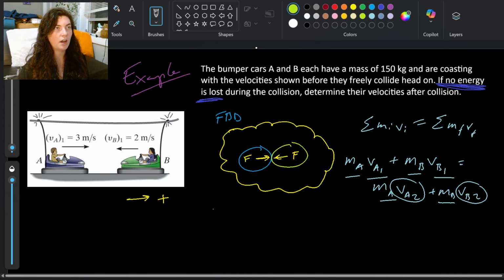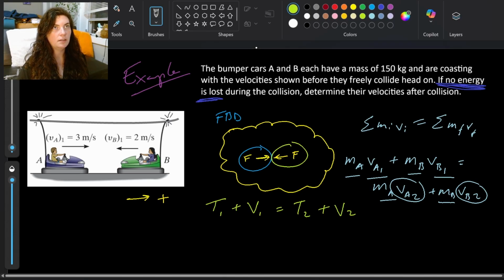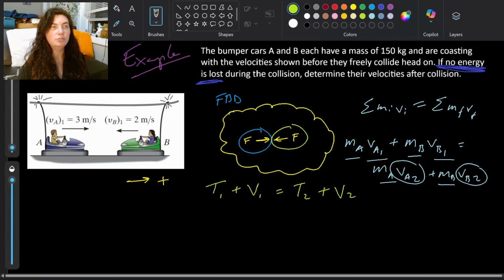So with this, I'm going to use conservation of energy, and again, that's your initial kinetic energy plus your initial potential energy equals your final kinetic energies plus your final potential energies. In this, we've actually got no changes in potential energies. The only energy happening here is kinetic, because there's no movement in our y direction for weight to contribute to potential energy. There are no springs.